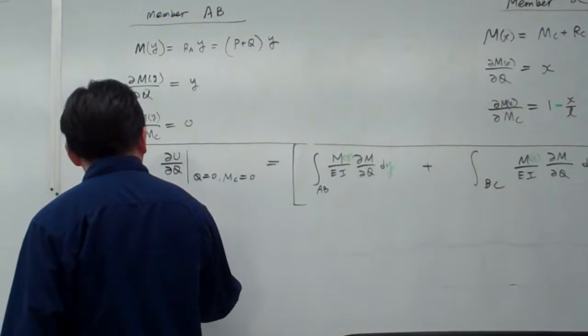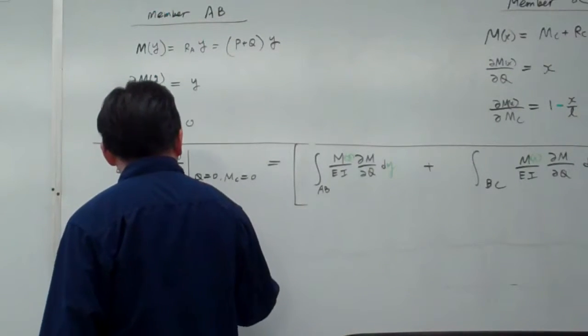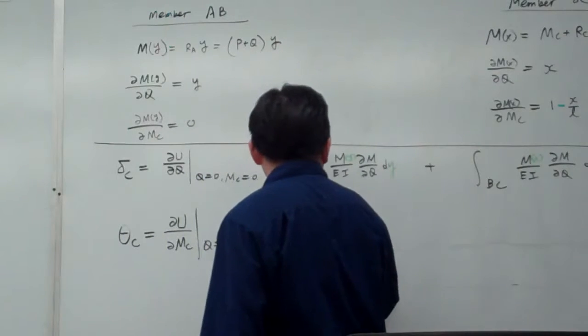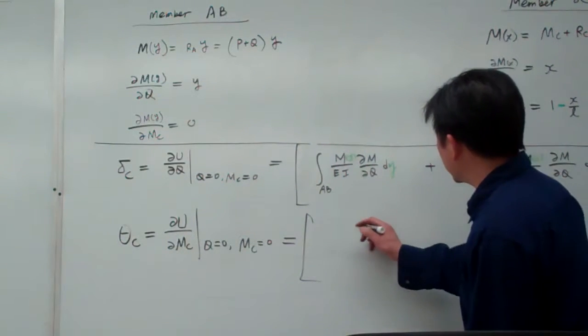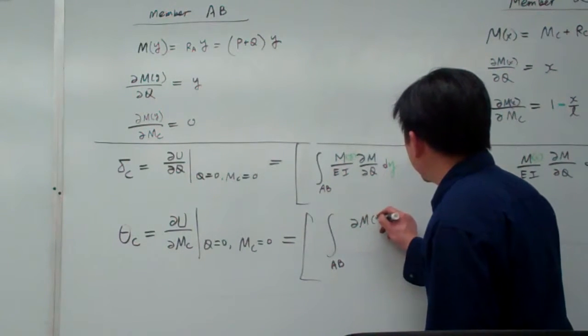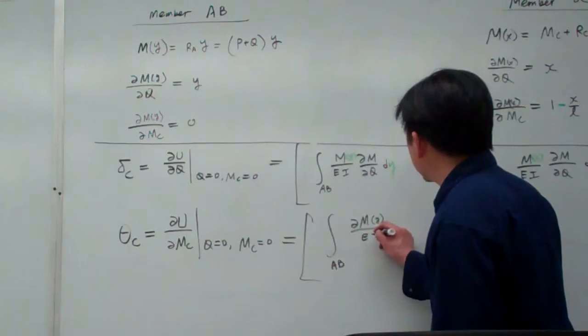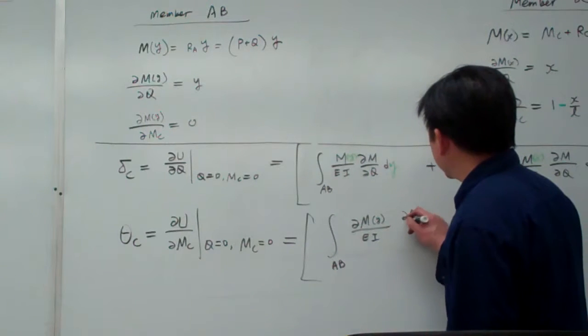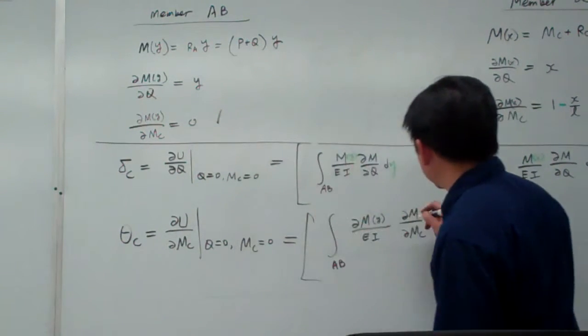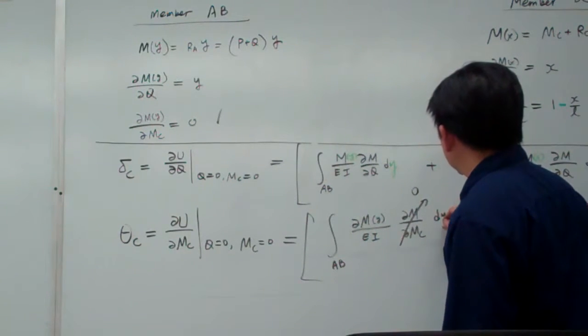Now partial U over partial MC, with Q equal to 0, MC equal to 0. The same thing here. Okay, so simply we have AB with partial M as a function of y, and partial M partial MC. This one we have here, so this one is equal to 0.